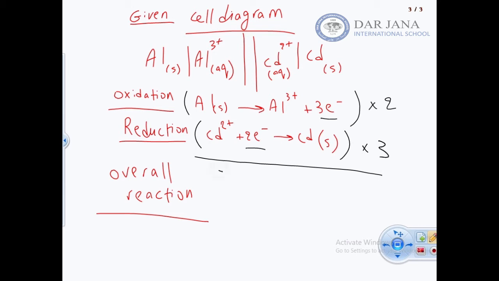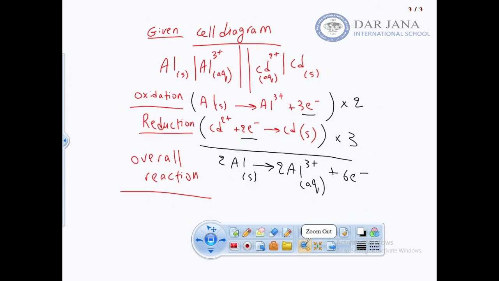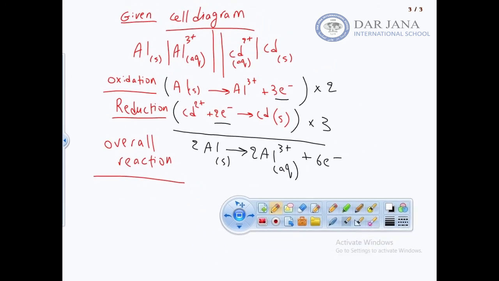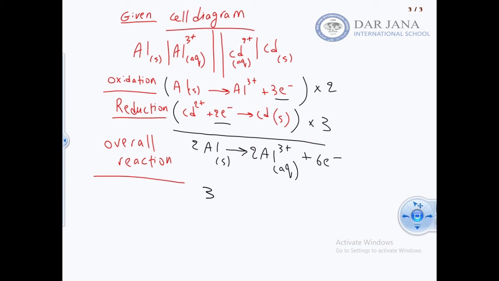Now we can get 2Al solid, and the other reaction, the second reaction is 3Cd solid.